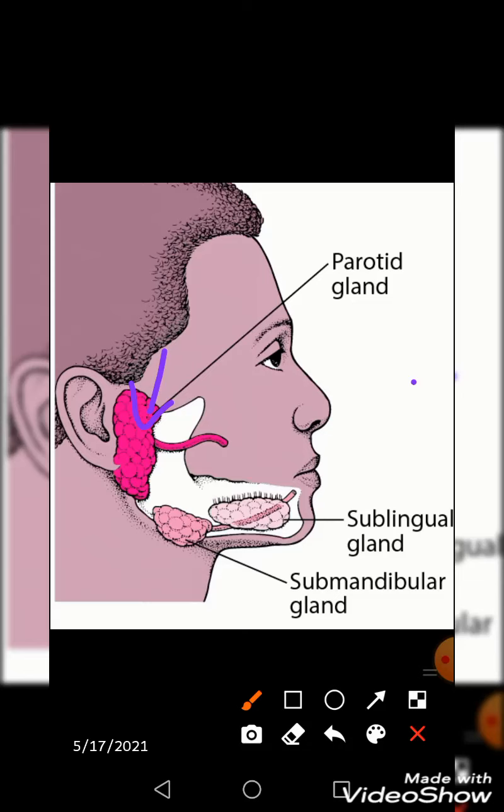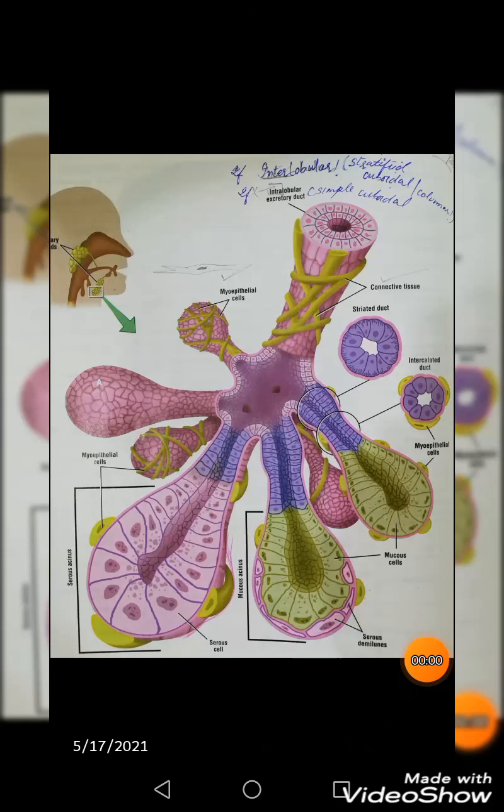The parenchyma of these glands basically consists of the secretory elements. These are the acini and the duct system. Now we have to discuss the general structure of the major salivary glands. These are covered by the dense connective tissue capsule I mentioned earlier, well laden with collagen fibers, having the septa definitely.